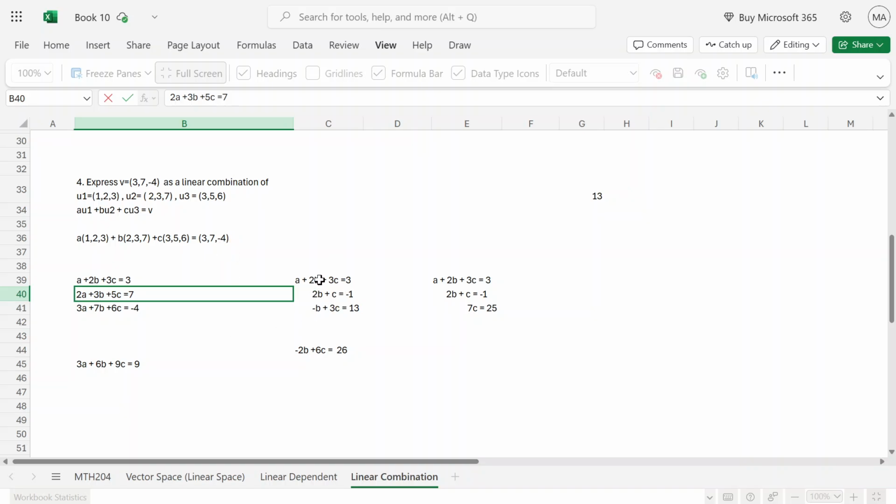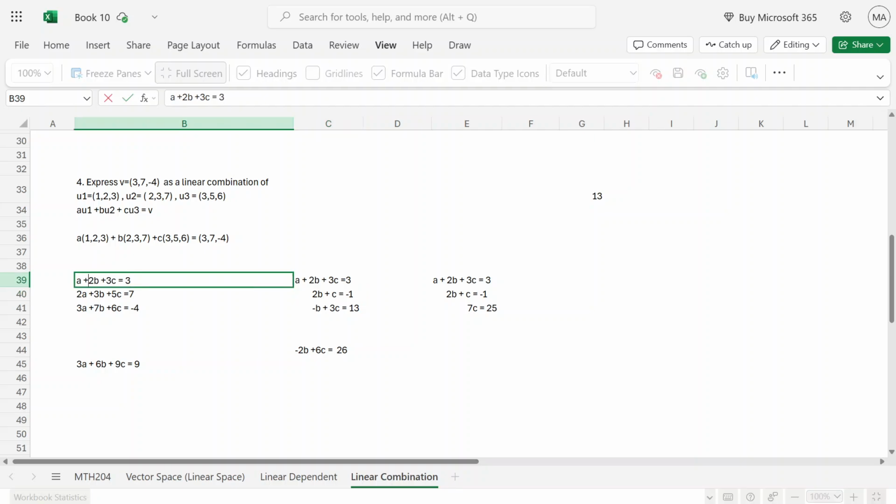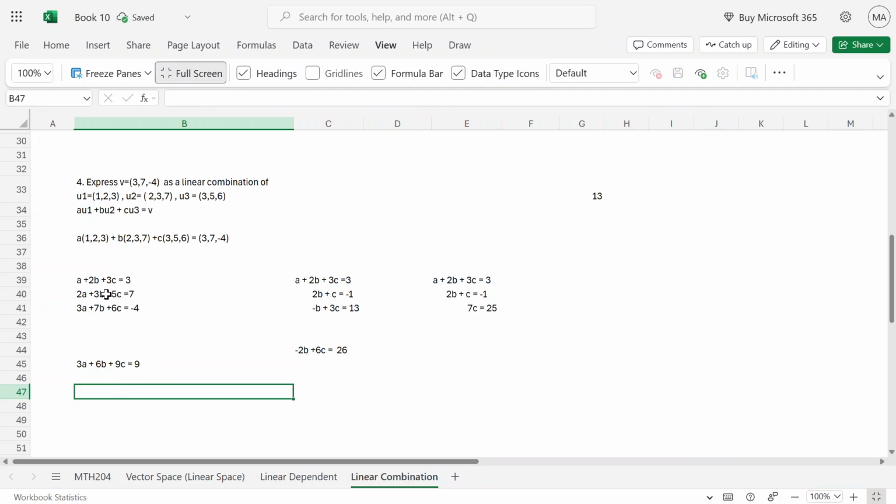Now this will be the same. We are eliminating a. So we eliminate a by multiplying this by 2, right? Okay, I think we multiply this by 2 to get this.